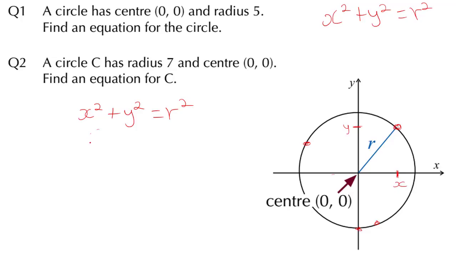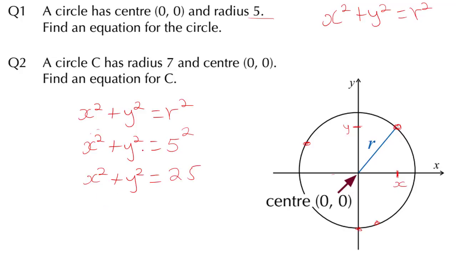Okay? Now, here we have x squared plus y squared equals radius squared. We've been told what the radius is there. The radius is going to be 5. So all we do is 5 squared. So I write x squared plus y squared equals 25.